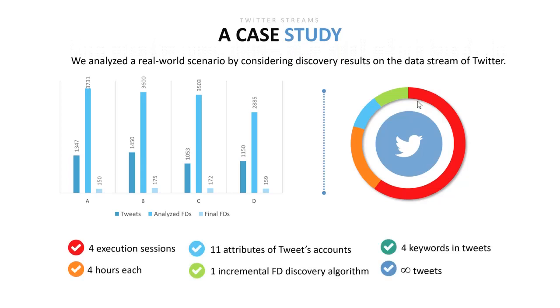Concerning the evaluation, we analyzed the effectiveness of DEVIS on a real-world scenario by analyzing discovery results on the data stream of Twitter. In particular, tests have been performed by considering 4 execution sessions, named A, B, C, and D, by using an incremental FD discovery algorithm, where each session lasts about 4 hours.